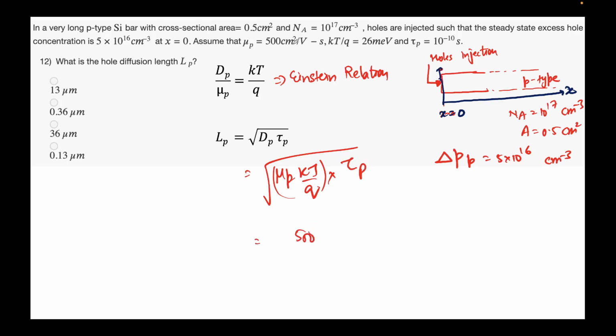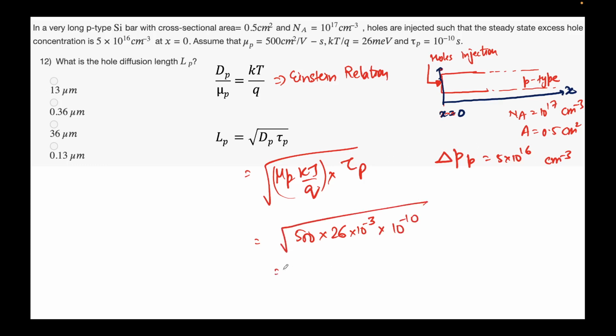So mu p is 500. Everything is in centimeter, so everything looks fine. kT by q is given as 26 milli electron volts, so that will become 26 into 10 to the power minus 3, and tau p has been given to us as 10 to the power minus 10. Square root of this.